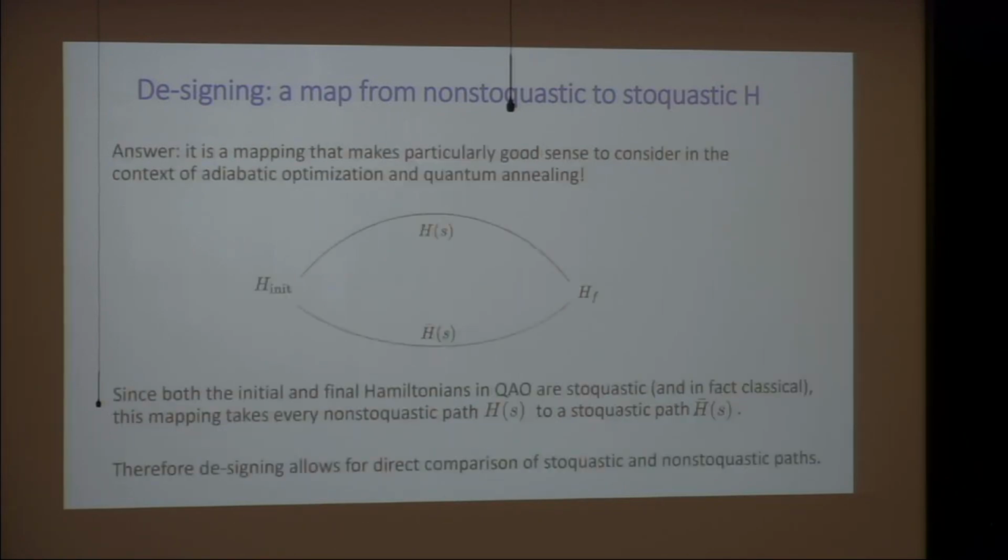The answer is that the mapping makes particularly good sense to consider in this context of adiabatic optimization. Because our initial and final Hamiltonians in adiabatic optimization are both stochastic and in fact classical, this mapping takes every non-stochastic path to a stochastic path, right? So we can compare them in a one-to-one manner.